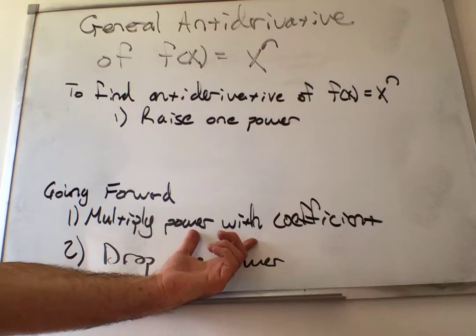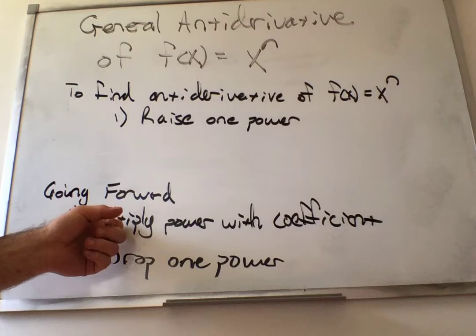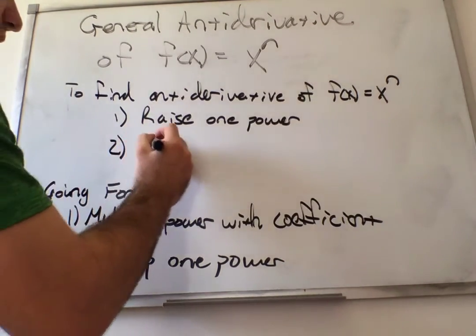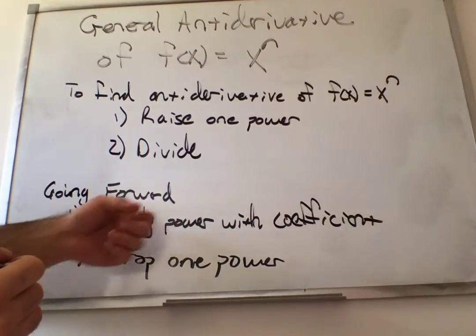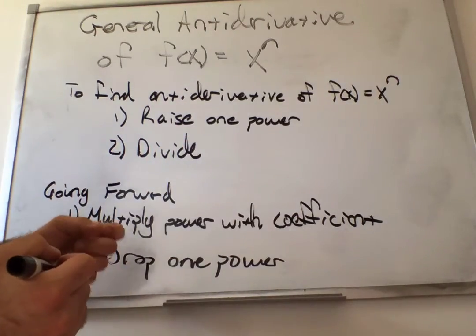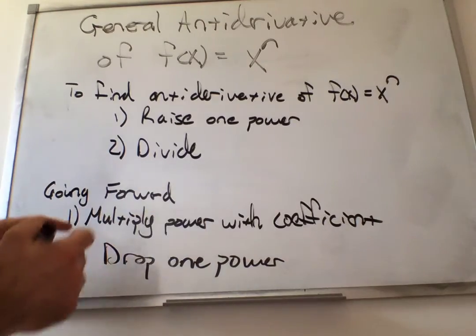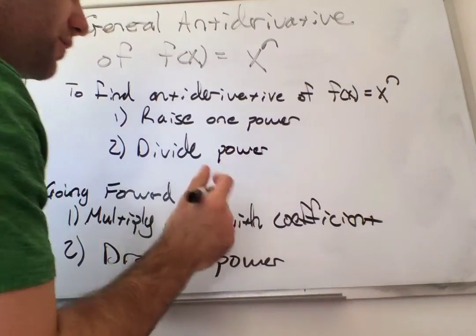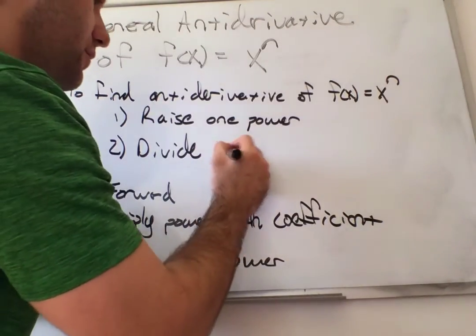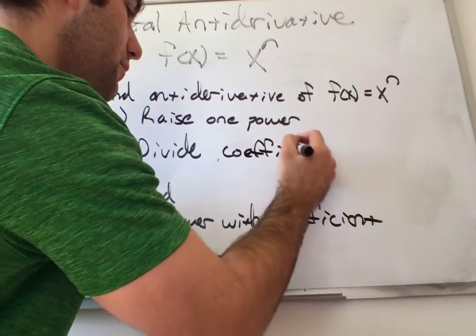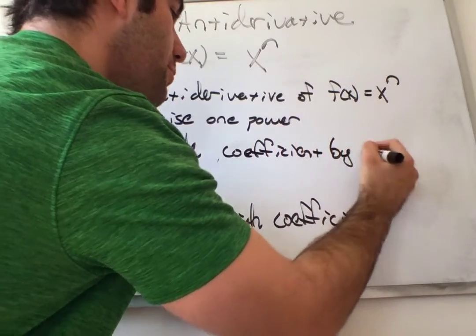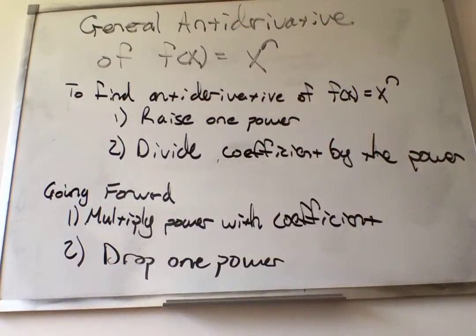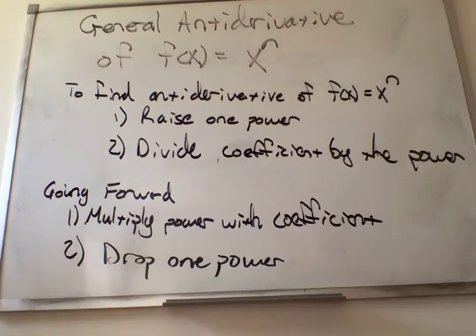Going backwards from here, the opposite of multiply is divide. Divide the coefficient. So multiply power with coefficient. Instead, now you're going to divide the coefficient by the power. So that's exactly backwards of taking a derivative. Okay?